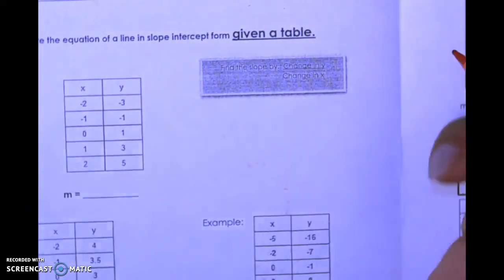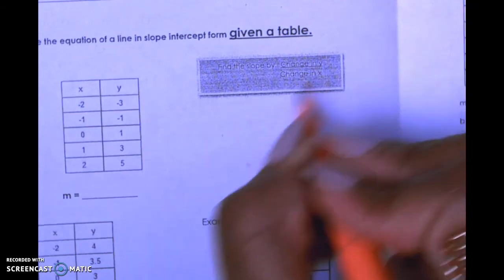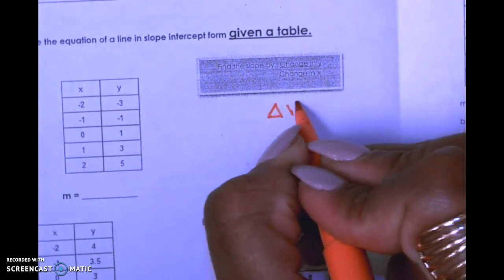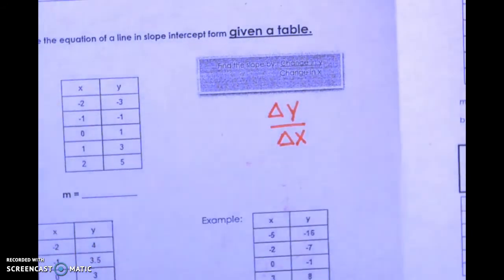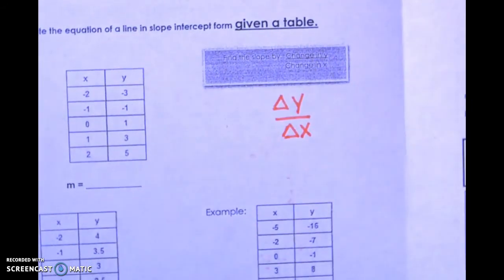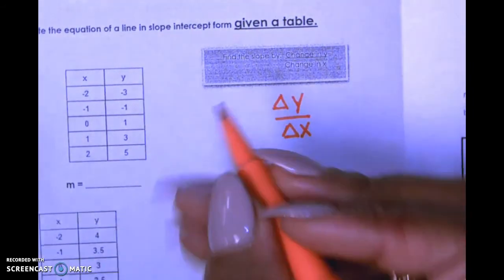Okay, the second part we will do is write the equation of a line given a table. Remember, your table is the change in y, or delta y, over delta x, which is the change in x. So I need to figure out just the slope. That's the only thing I'm doing on these equations, just finding the slope.